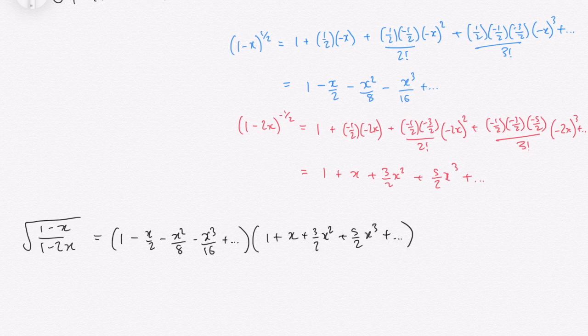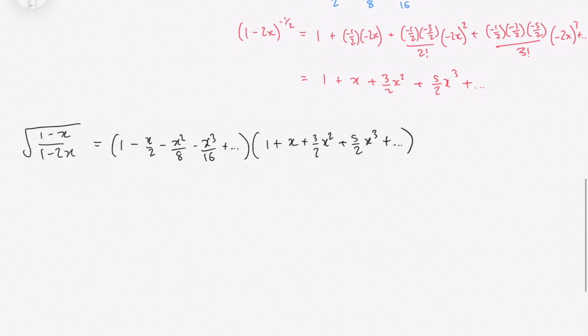We want to multiply this out. So this is going to get a bit fiddly, so I'm going to use different colours. So firstly, let's do 1 multiplied by everything in this bracket here, which is just 1 plus x plus 3 over 2 x squared plus 5 over 2 x cubed.